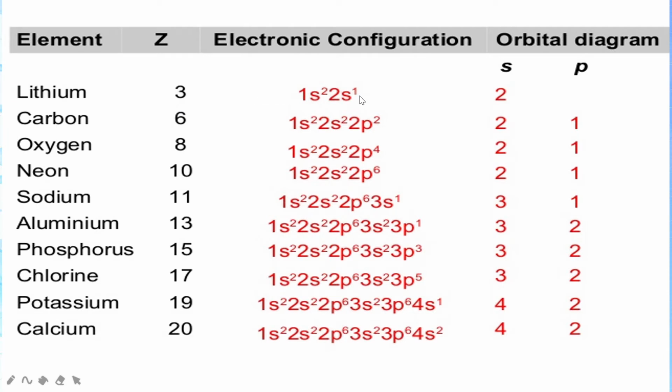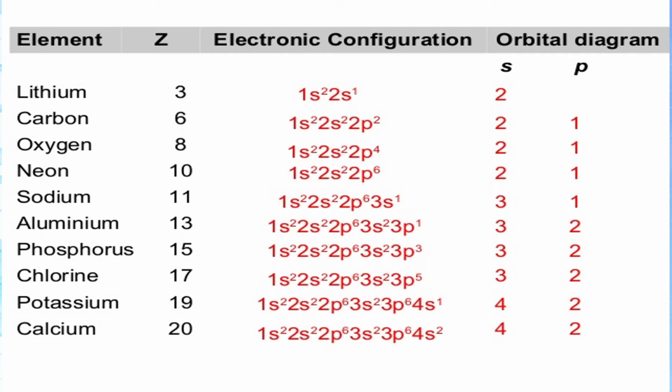So the electron configuration is 1s2 and 2s1. These are your subshells, s, p, d, f, in our periodic table of elements, wherein s holds 2, p is 6, d is 10, and f is 14.